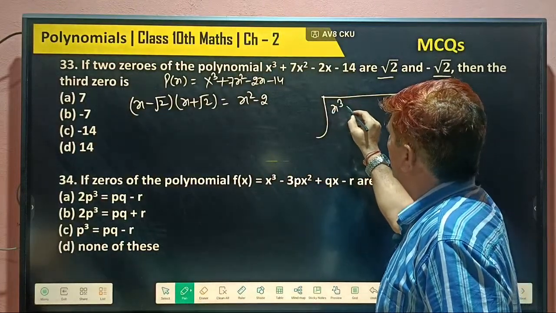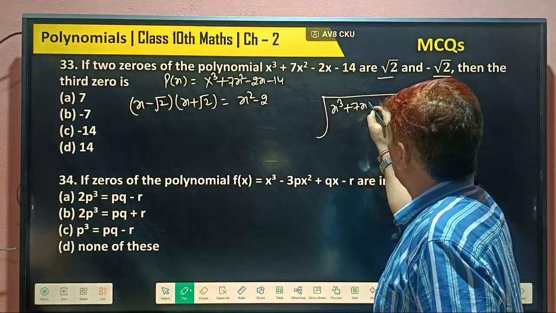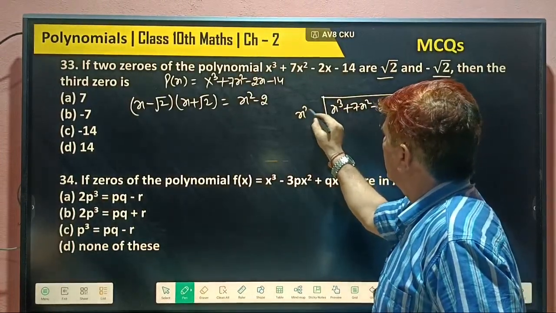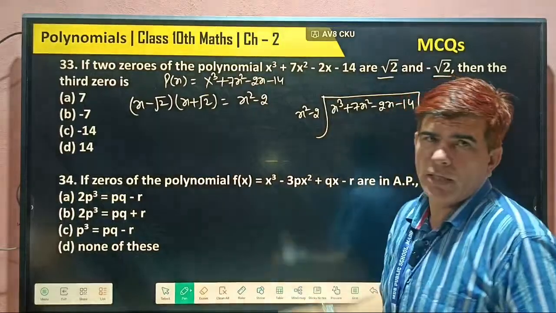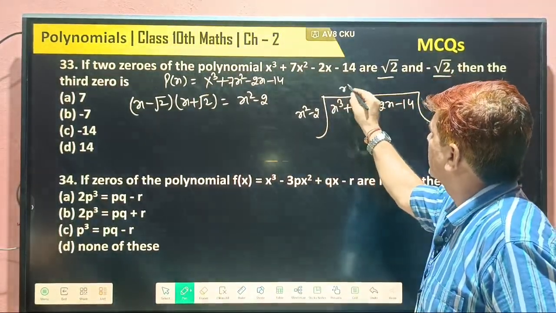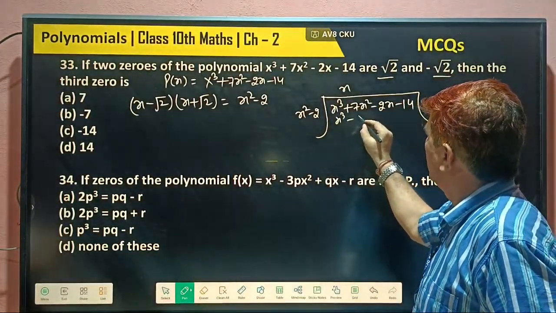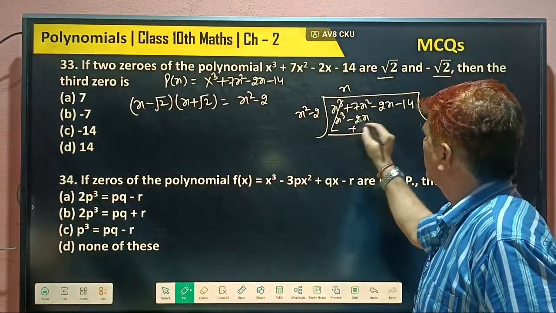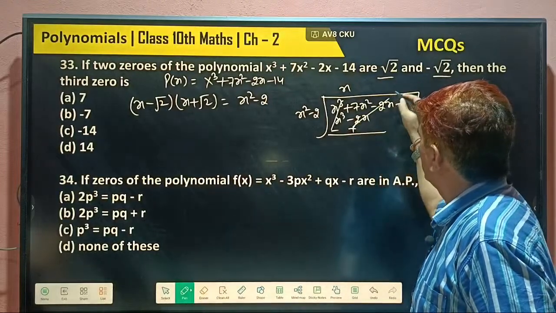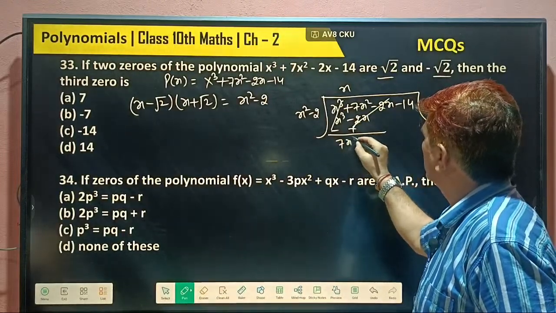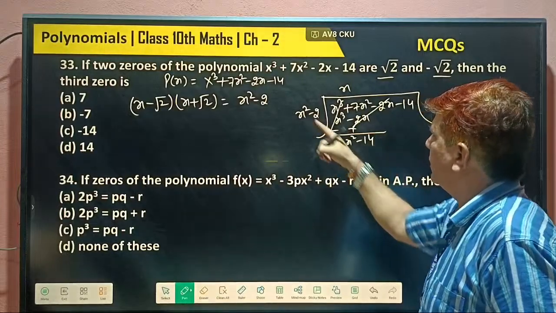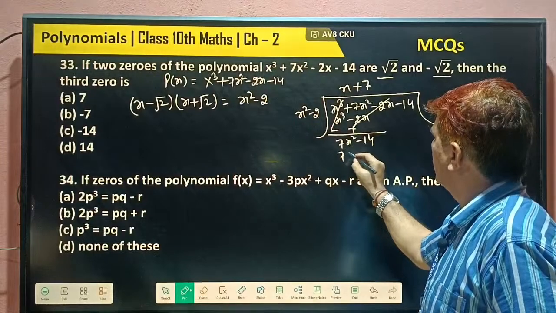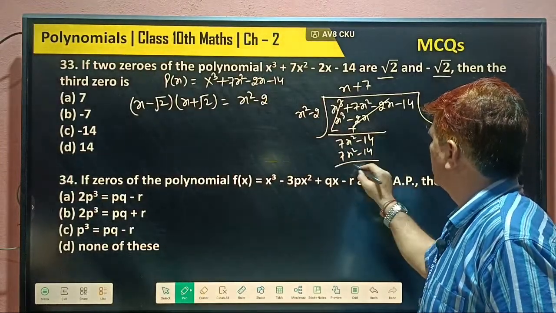x cube plus 7x square minus 2x minus 14, divided by x square minus 2. I can multiply x square minus 2 with x, so it becomes x cube minus 2x, and plus and minus cancel. Here 7x square minus 14 remains. I can multiply x square minus 2 with 7, so it becomes 7x square minus 14, and the remainder is 0.